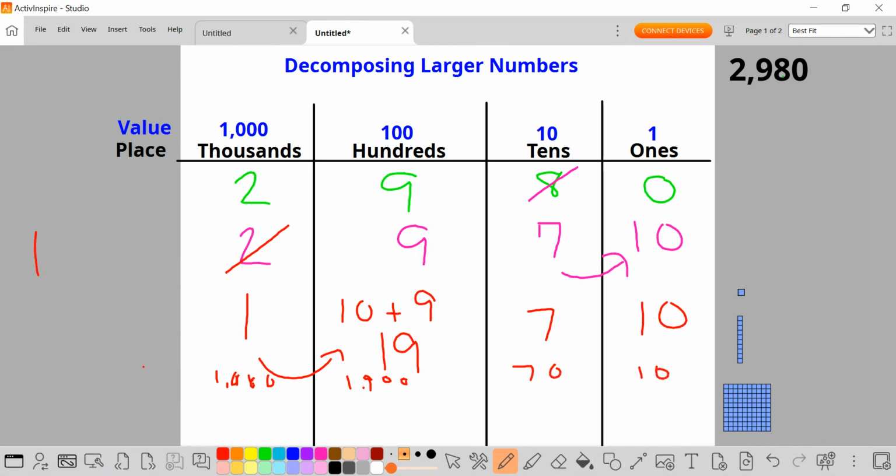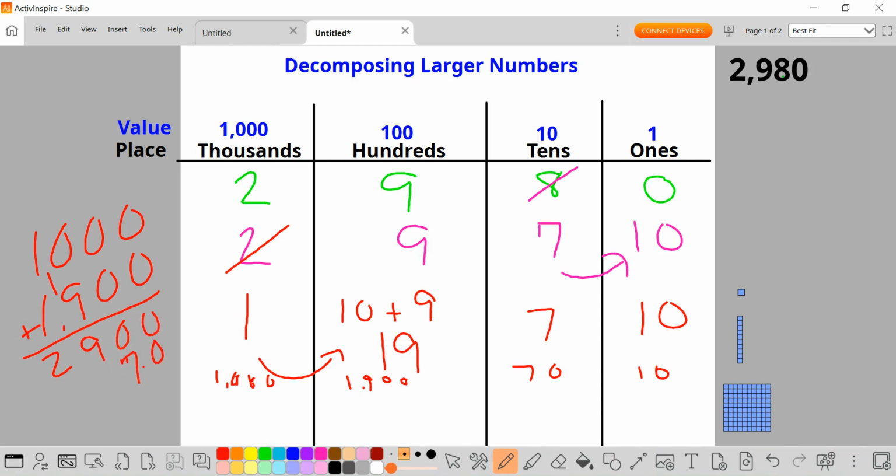If I was to add those together, just so you can prove your work, 1,000 plus 1,900 gives me 2,900. My 70 and my 10 brings me back to 2,980. So again, the value is the same, but we just decomposed the number into different parts.